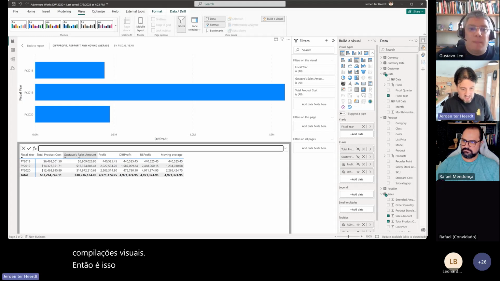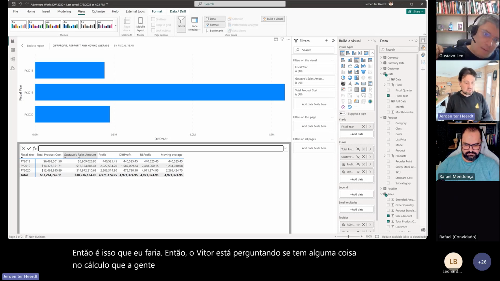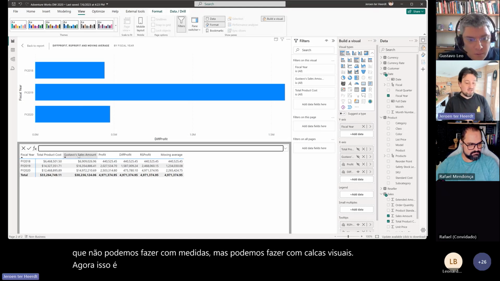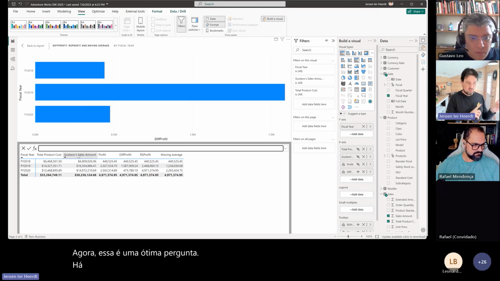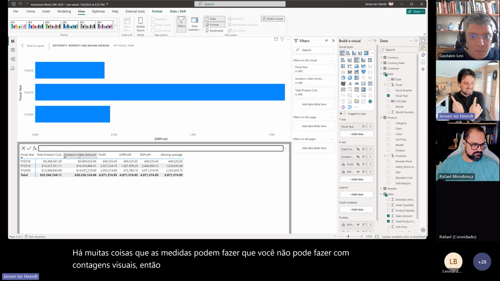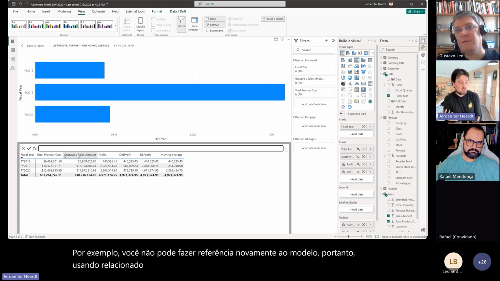So then Vitor is asking if there's anything in calculation that we cannot do with measures but we can do with Visual Calcs. Now, this is a great question. There are many things that measures can do that you cannot do with Visual Calcs, so I'll answer the reverse first. For example, you cannot refer back into the model. So using RELATED or USERELATIONSHIP as a function will just not work.